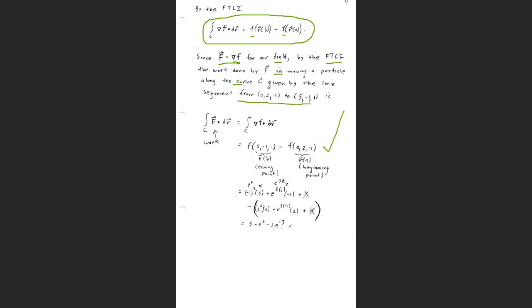And you know from section 13.2 that for a line segment C, r(t) is equal to (1 - t) times r0, which is the starting point of the line segment, plus t times r1, which is the ending point of the line segment, where t is between 0 and 1.